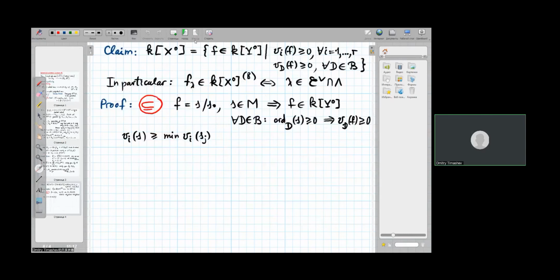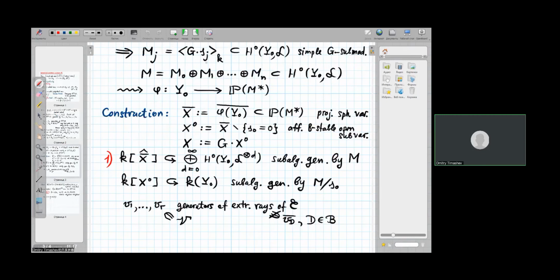Well, we have this inequality. So the value of Vi at S is greater or equal than the minimum of values of Vi at all these sections Sj, generating the simple submodules here. Let me explain a bit more.